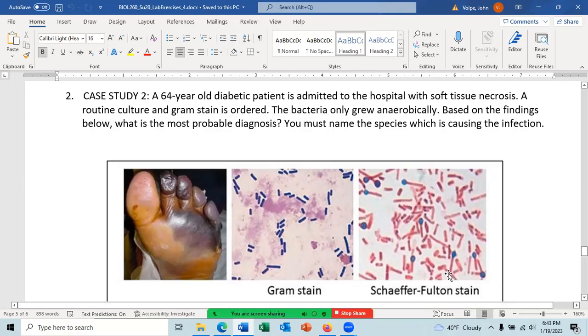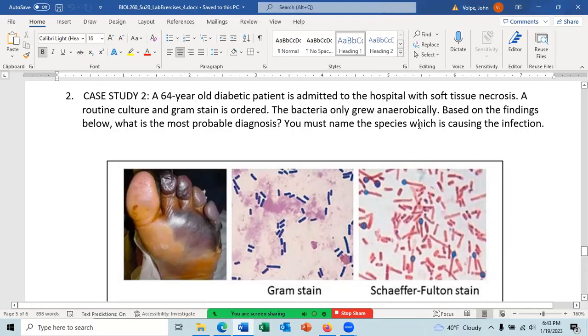And then there's one other hint, and it says the bacteria are only growing anaerobically, so these bacilli will not grow in the air. So they didn't get this bacteria from the bottom of his foot. They must have done a biopsy inside the foot to get this bacteria, because it only grows anaerobically.